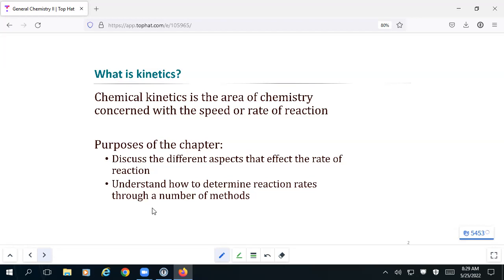And in particular, we're going to focus mostly on concentration, because that is the one factor that we probably have the most direct impact over. I can make a solution that is 2 molar, or I can make a solution that is 0.1 molar. I have the ability to kind of change that fluidly.